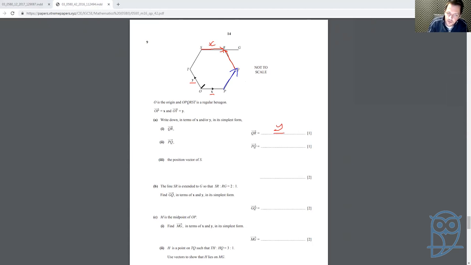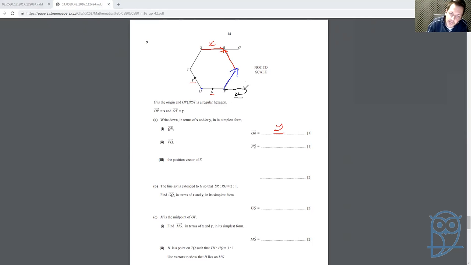Well, if we start at O, because we generally try and start at O, we can go in this direction, that's X. If we put another vector here, I'm going to put another vector there that is X. So it's the same length in the same direction.